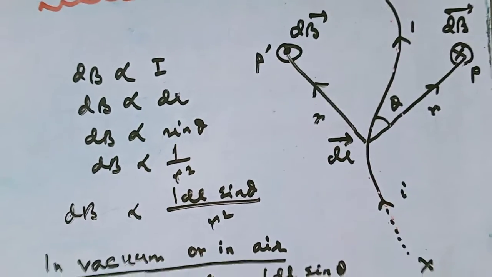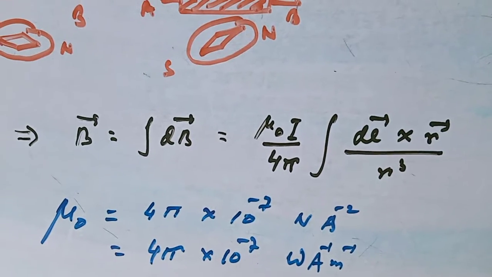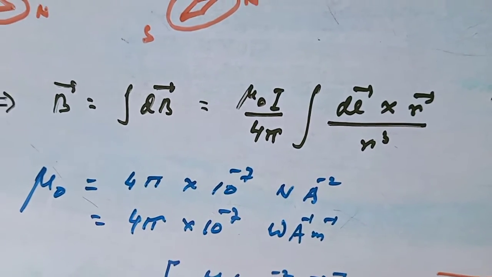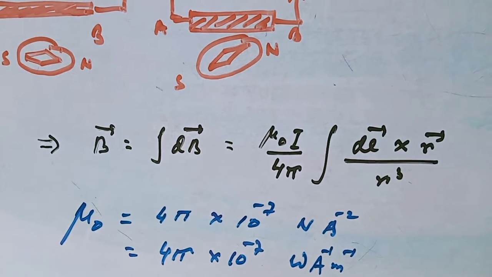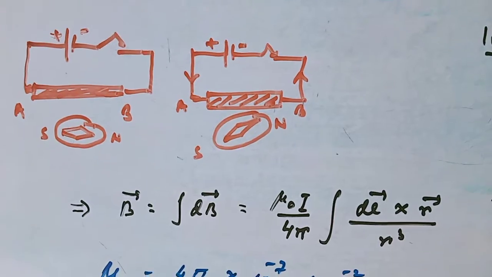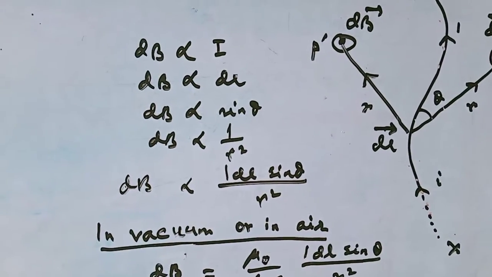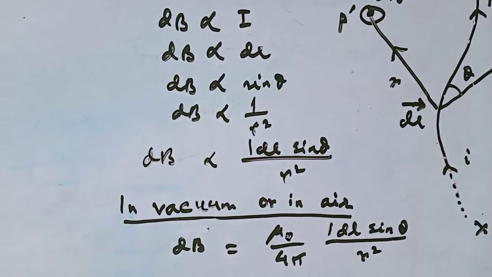So the total magnetic field strength will be equal to integration of dB. Now placing the value of dB, we will get the integration of mu naught I by 4 pi dl cross r by r cube. Quite naturally, it is dependent on sine theta. Now when theta is 0, sine 0 will give you dB equal to 0.